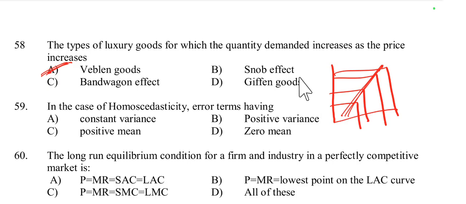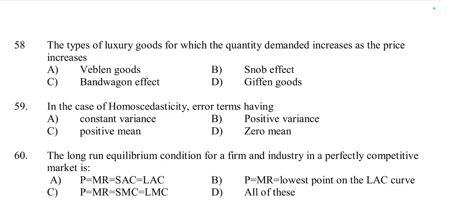Then snob effect means it is a rare or particular rare product. Then bandwagon means demonstration, bandwagon. Giffen goods are a type of inferior good where demand increases when price increases. So it is called a Veblen good, a luxury good for which quantity demanded increases as price increases.